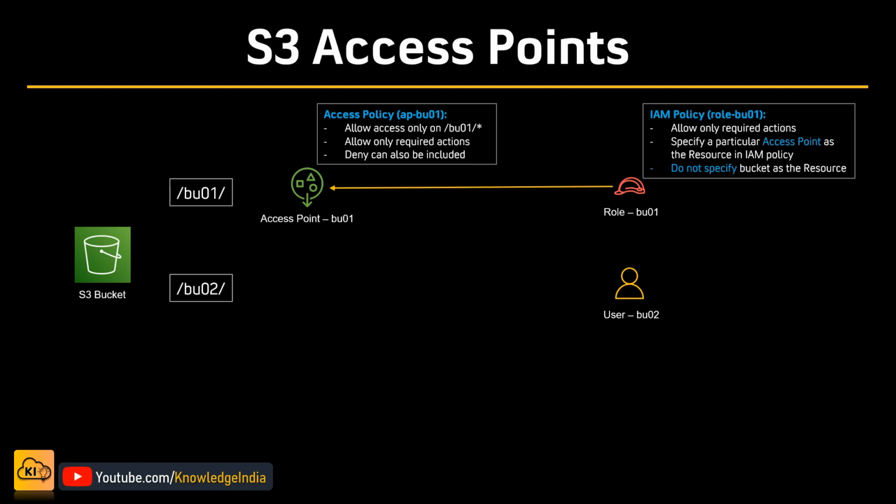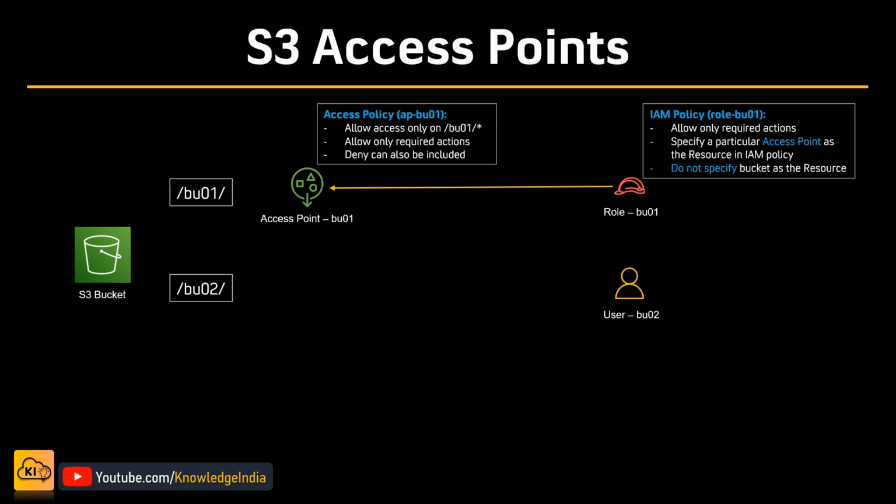So for example, if I am allocating certain permissions to my role BU01, which is here, I should not give permissions directly to the S3 bucket. I should not do that. Instead, while writing that IAM policy for BU01, the access point's ARN can be picked up and specified in the resource section.